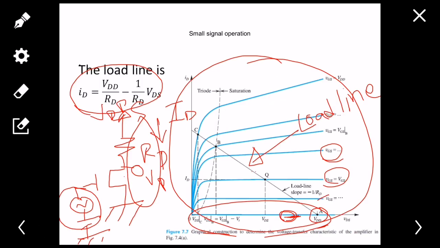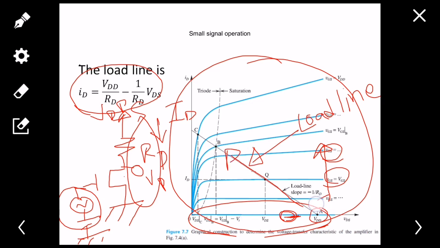Okay, and what is happening here? When you are increasing the gate voltage in this direction, your Q point is shifting in this direction, right?